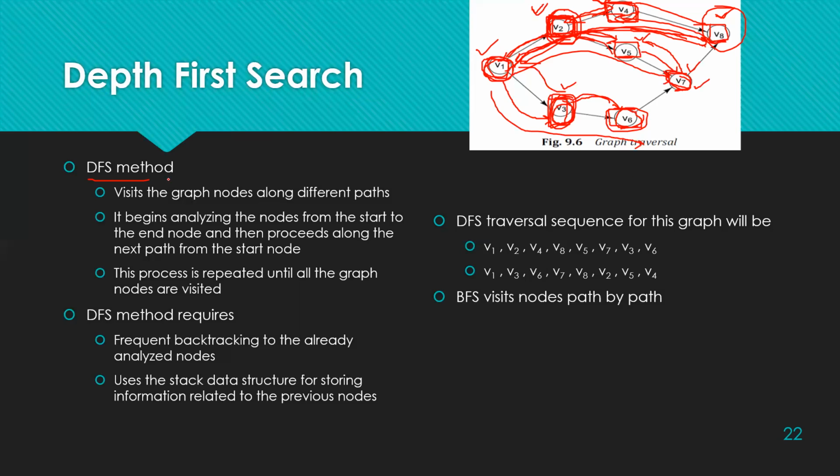So in the DFS method, you visit the nodes present in the graph along different paths. First I visited like this, then like this, then like this. I traversed different paths and then I obtained the DFS.